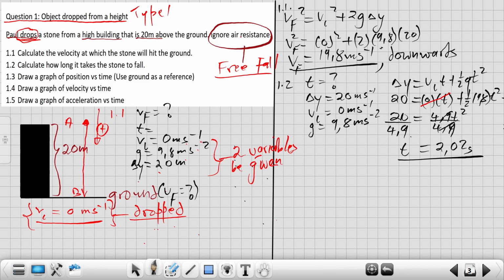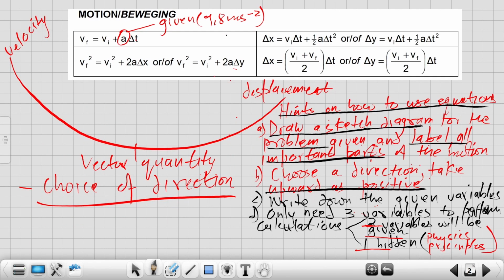There are many ways of doing these calculations, but the easiest way is to follow the principles, to use the information that is given in the question, or basically follow the hints that we spoke about.